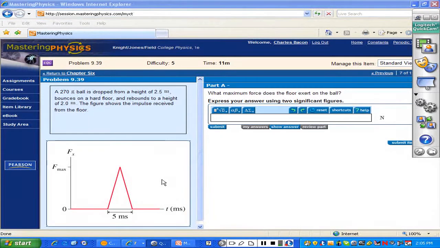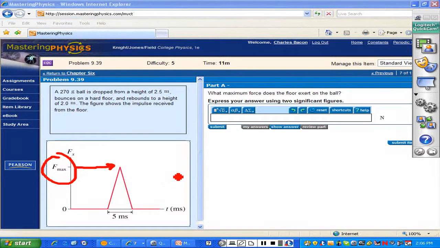So we want to determine what is the size of that. Well, we have a picture of that force, but we don't know what the magnitude of that force is. We're not told what F max is right here. So we're looking for that value.